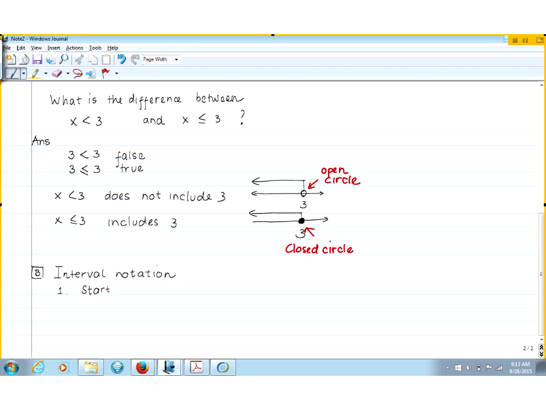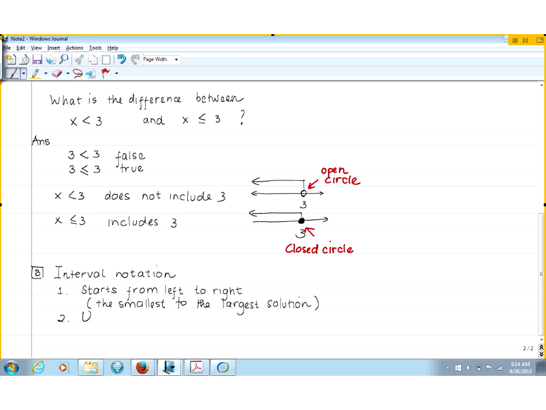So one, it starts from left to right. So from the smallest to the largest solution. So it's the smallest to the largest.